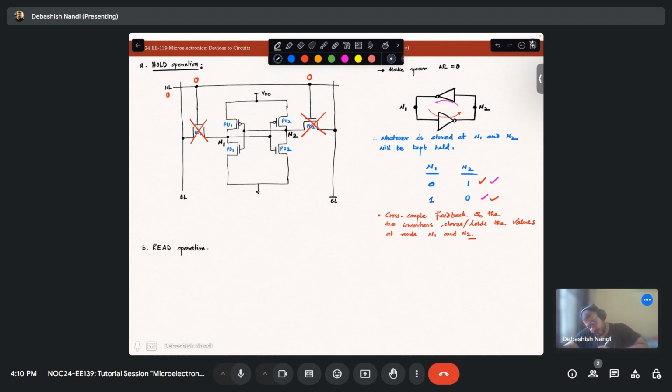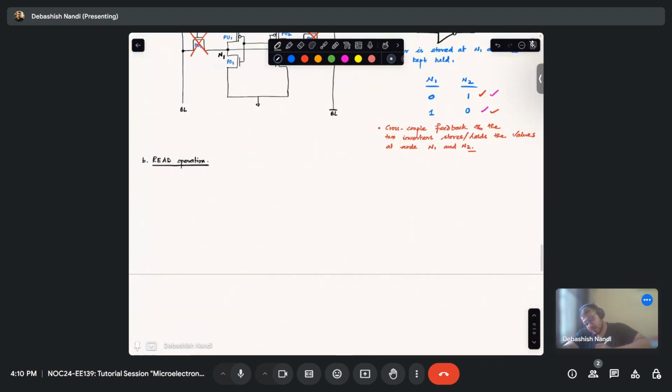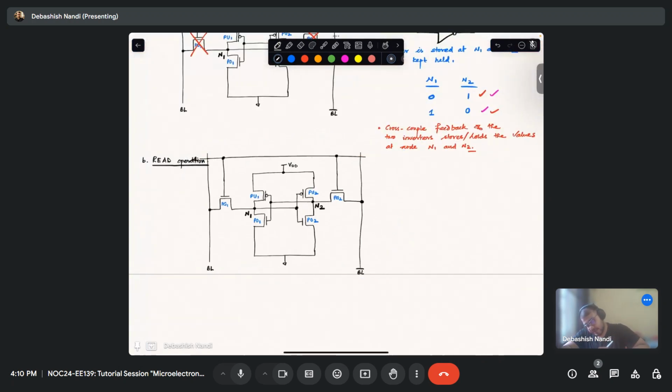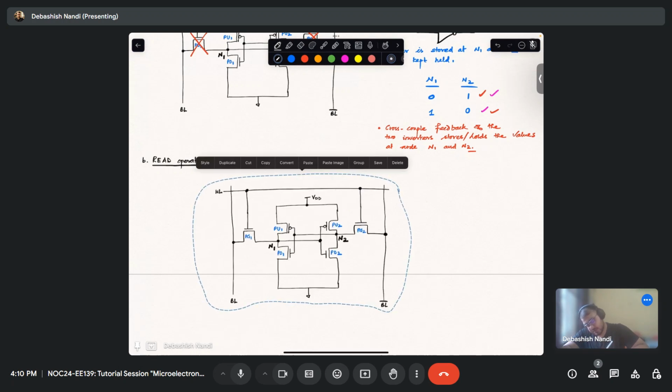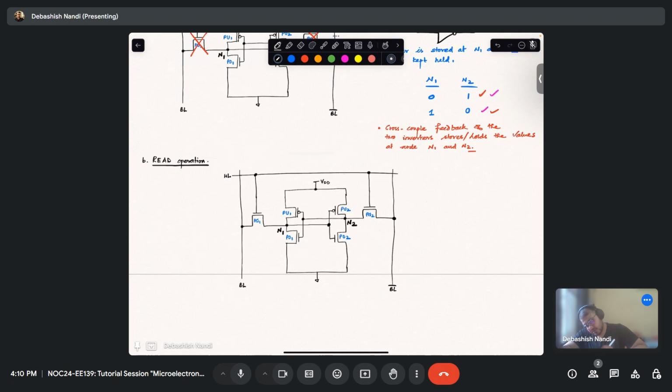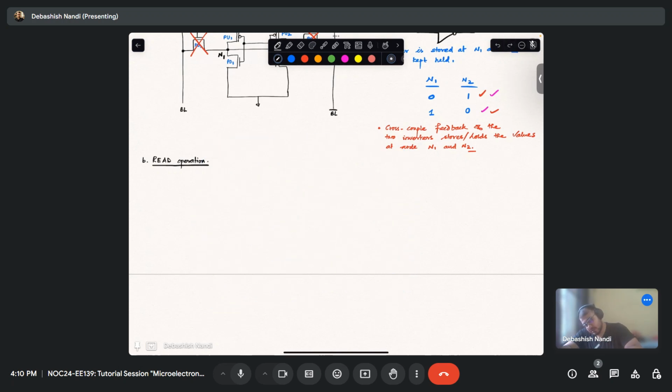Okay. So again, we'll just paste the circuitry. Not sure. Okay, just let me move it a little bit up.